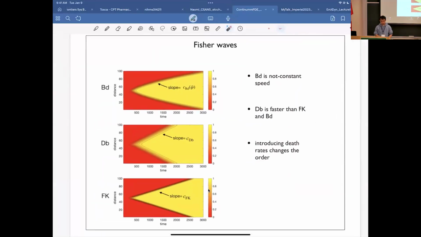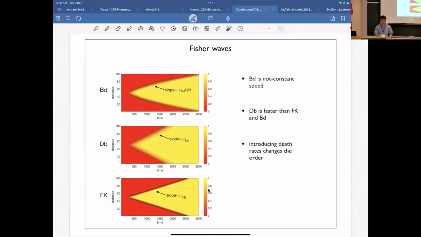Some numerical observations: if I assume only selection coefficients on the proliferation terms and the death rates are constant, then it turns out that the death-birth process has approximately constant Fisher wave speed.